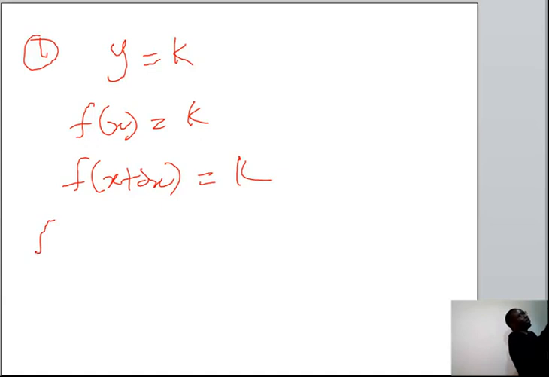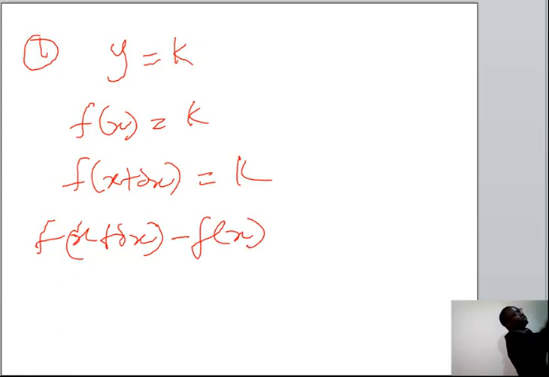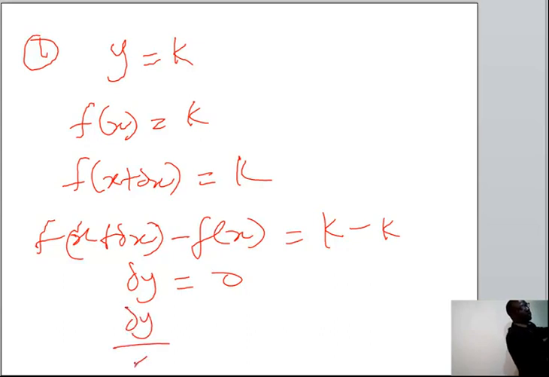Now, to subtract f of x, don't forget, f of x plus dx minus f of x, that would be what? k minus k, which is equal to 0. Now, don't forget this is equal to delta y, f of x plus dx minus f of x. Now, let's see, the delta y equals what? 0. In this situation, dividing both sides by dx equals what? 0. That is the first one, the derivative of a constant function.